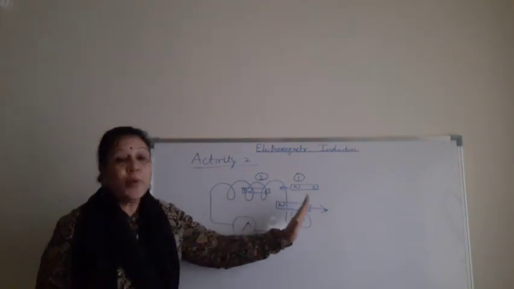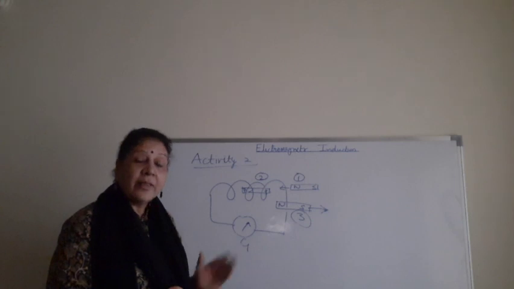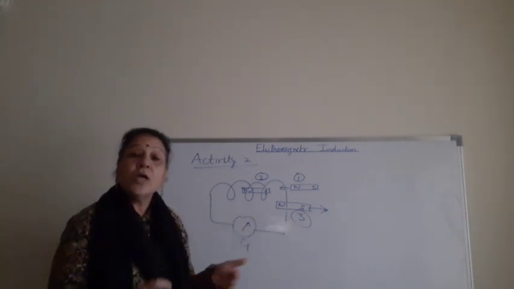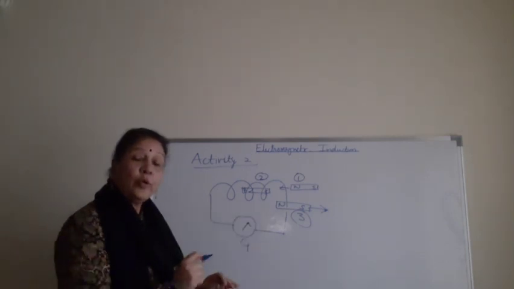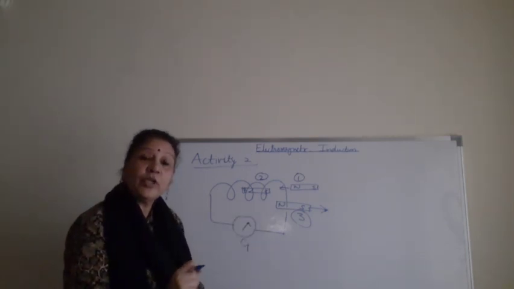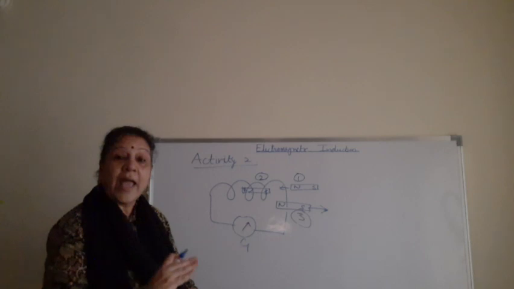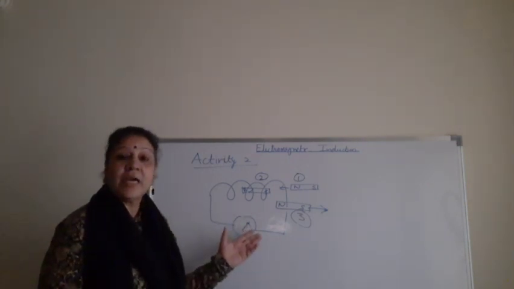Third, when the magnet is pulled out, again there is a change in the magnetic field, so again the induced current will flow but in the opposite direction. If I do it vigorously, pulling and pushing, pushing and pulling, then of course there will be continuous change in the current, and the pointer keeps on deflecting to and fro. Again, the alternating current will be produced.